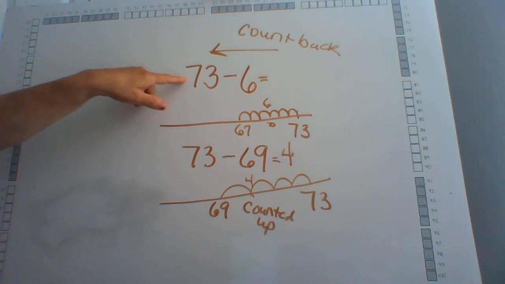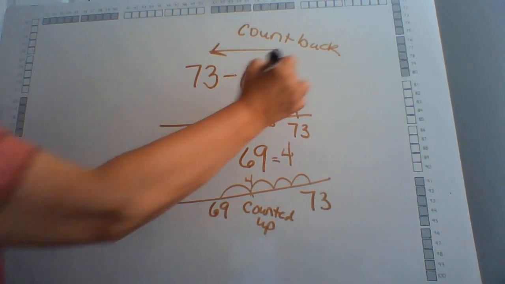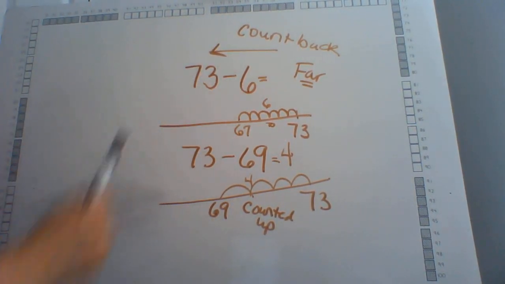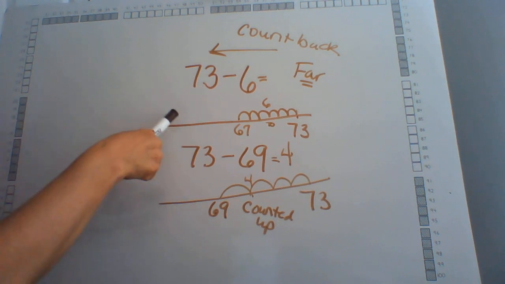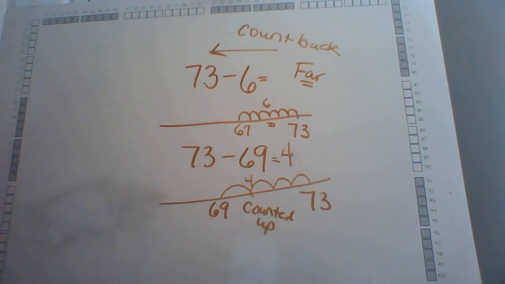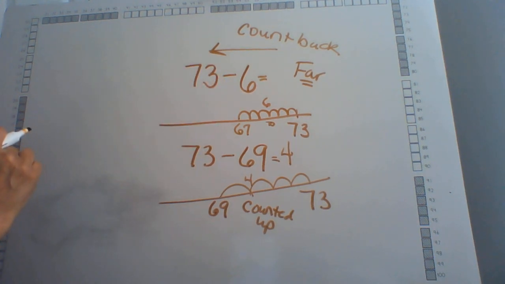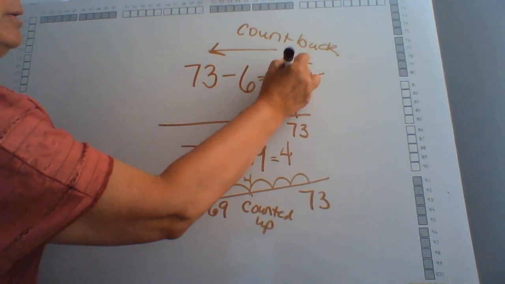If you notice that the numbers in the first situation were really far apart, you're right. 73 and 6 are really far apart. And I'm not going to start at 6 and do a lot of jumps until I catch up to 73. I can still find the difference between those two numbers, and I should have written it right here.